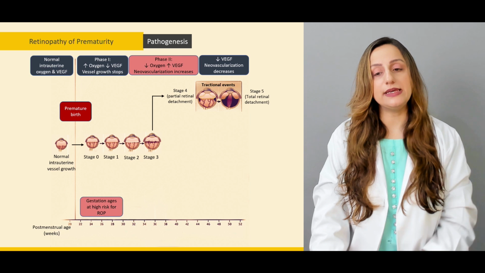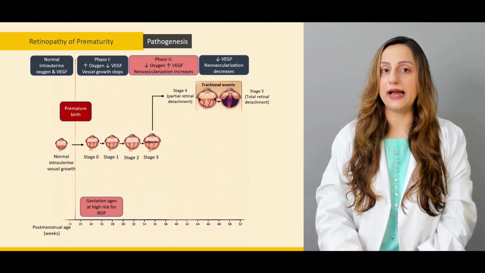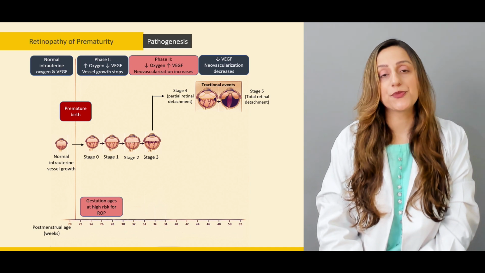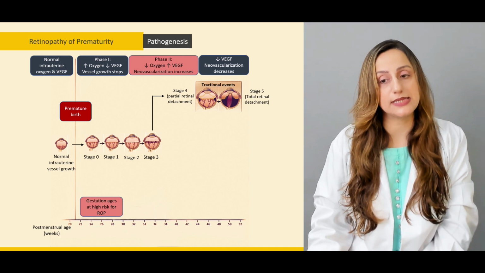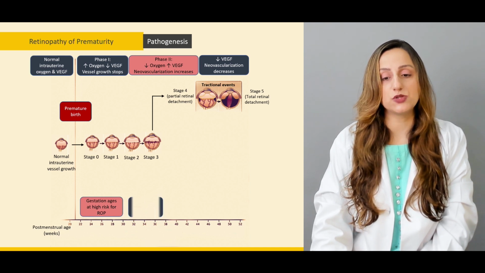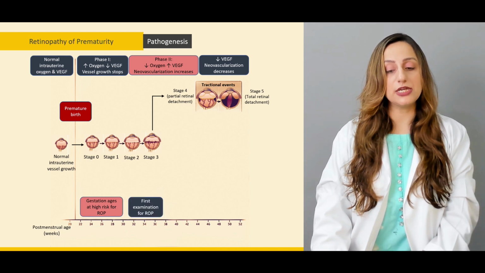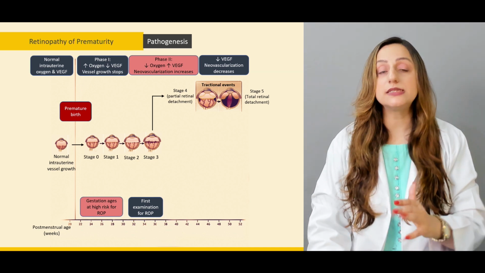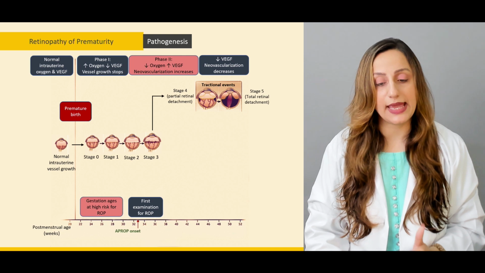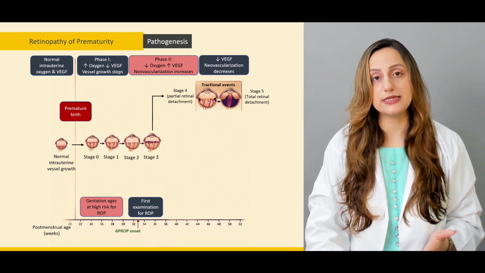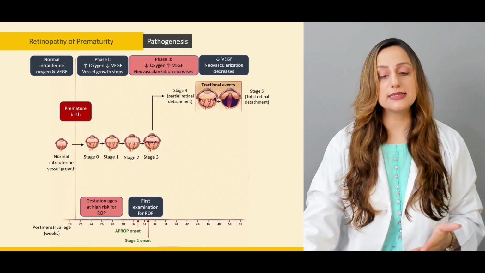And the tractional events can be either a partial retinal detachment in stage 4, or a complete or total retinal detachment in stage 5. The first examination for the retinopathy of prematurity would be at almost 35 weeks of gestational age. That is, the onset of the retinopathy of prematurity is marked at this age. This is stage 1.